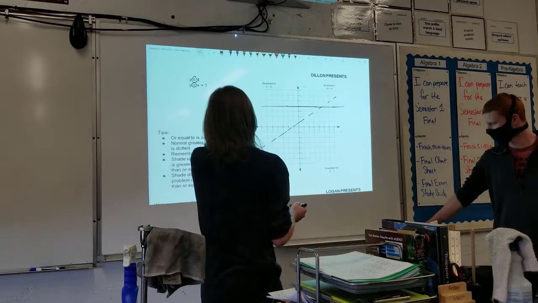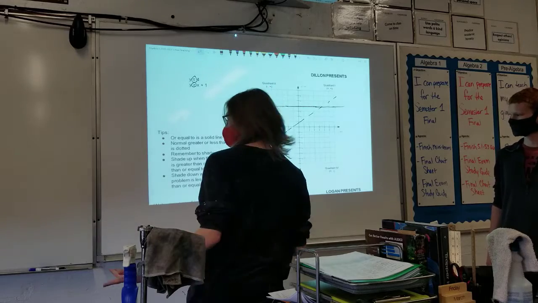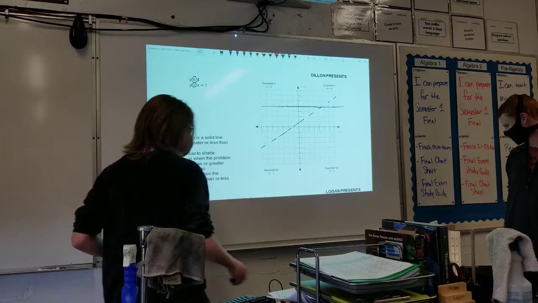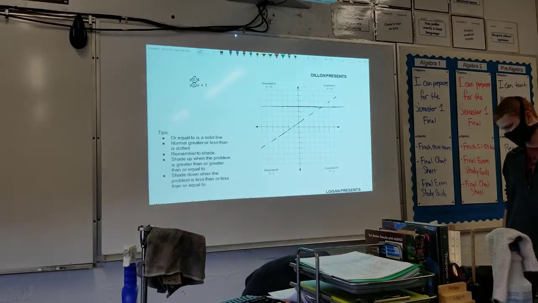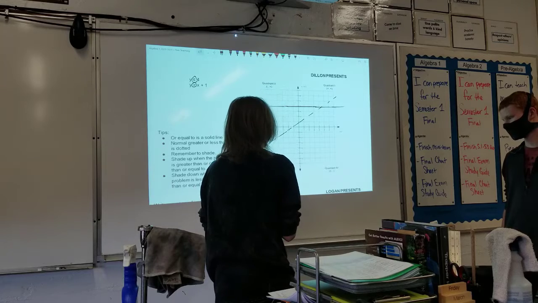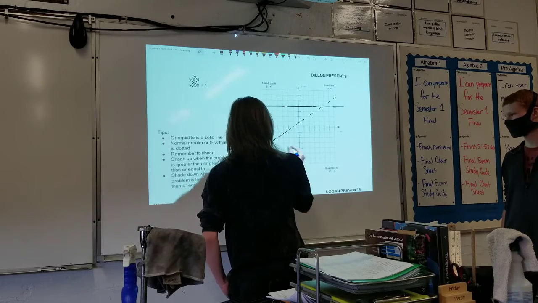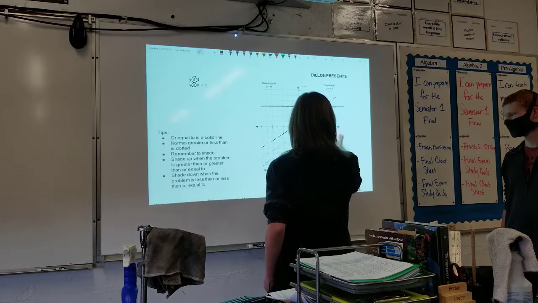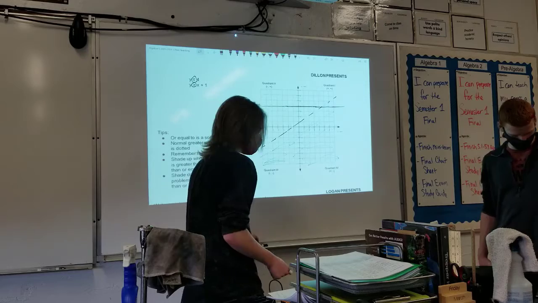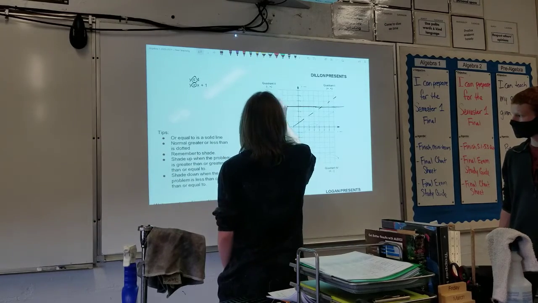Now we need to shade. So the blue over here. Say you want to do two different colors. So this over here would be blue, and this side could be black.